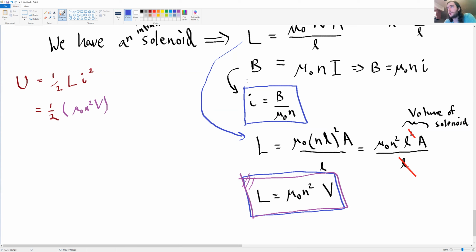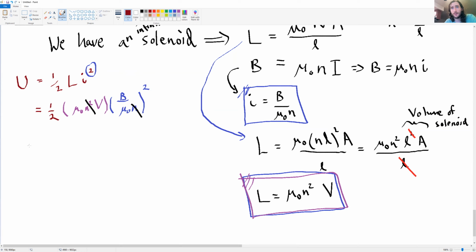And then we'll use blue here for the current. So B over mu 0 n, and we don't want to forget to square this one. Notice it's squared there. And we can see some cancellations happening. So n squared is going to cancel with that in there.